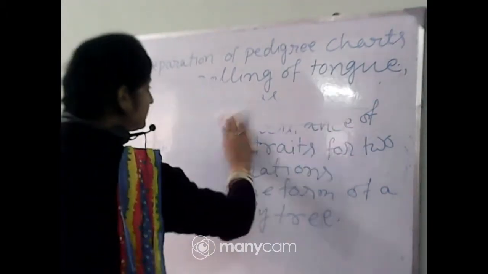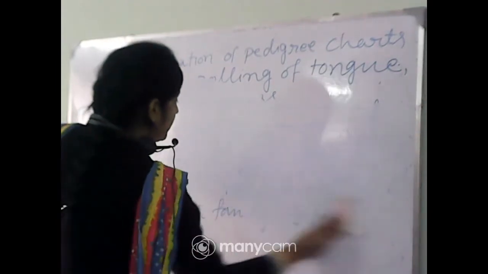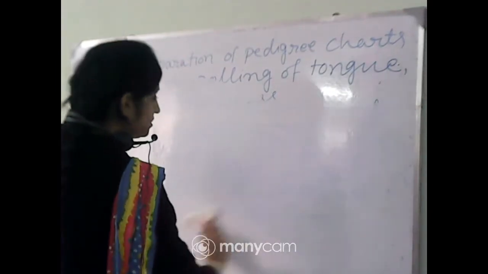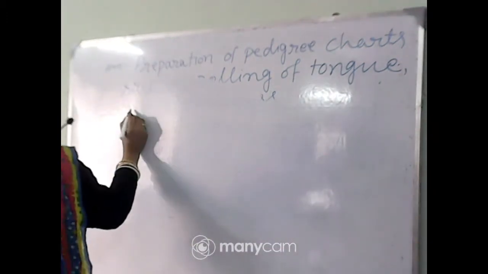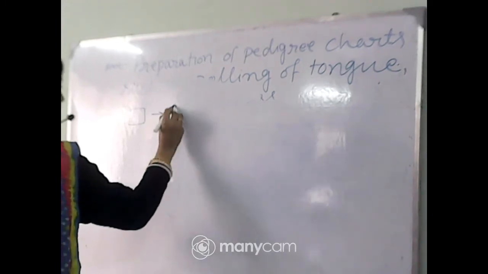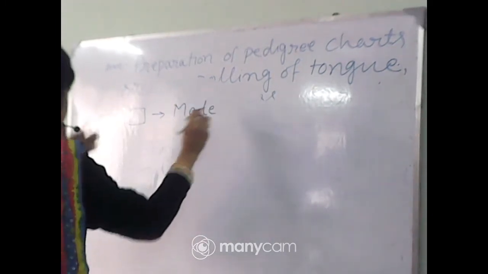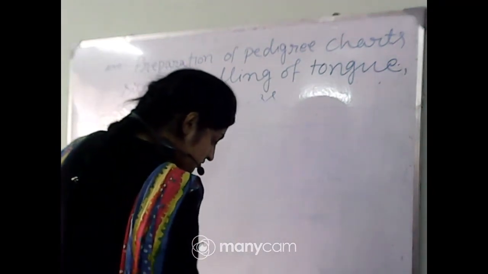Different geometrical shapes are present, and they identify male, female, children and so on. First, when you see a square, that is called male. The square structure represents the male.